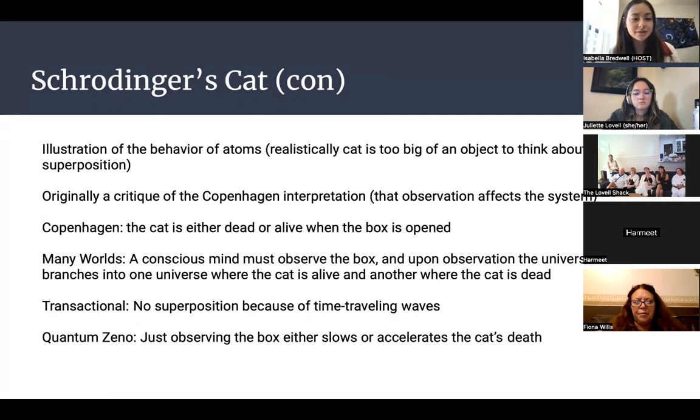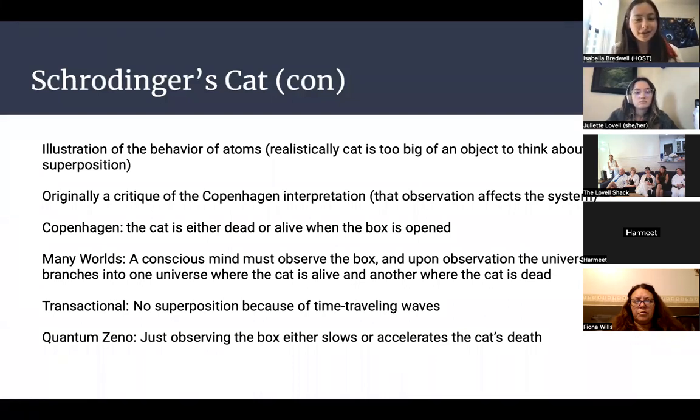Another interpretation is many worlds, where upon a conscious mind observing the box, the universe branches into one universe where the cat is alive and another where it is dead, because it's a random possibility. That's another one that people have.